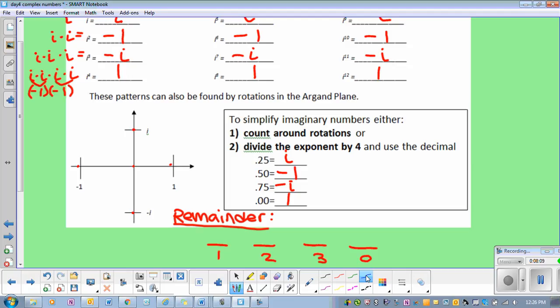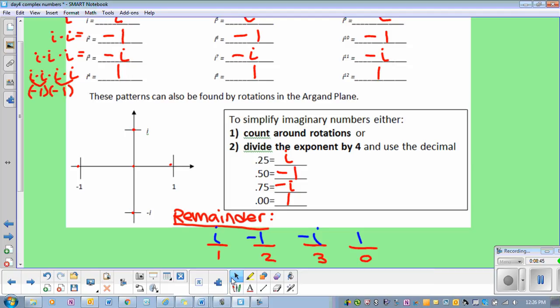For the pattern, I always think of "I won," like i, 1, but the 2 in the middle are negative. That's my pattern: i, -1, -i, and 1. I like the graph one better where you just go around it. Sure, you can count around the rotations. I'm showing you a variety of things so you guys can choose.